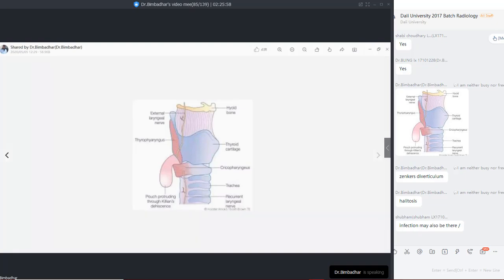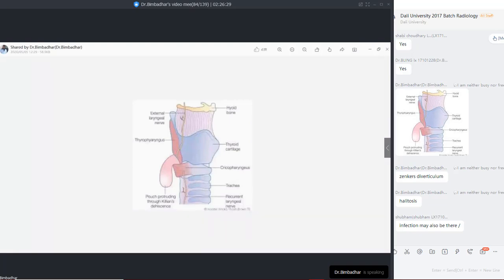Yes, infection will eventually develop. It depends on the amount of food that enters the diverticulum and on the size of the diverticulum. Diverticula generally develop over time, and the size increases over time. The patient will complain of dysphagia and gurgling sensation only when a big pouch has already formed.